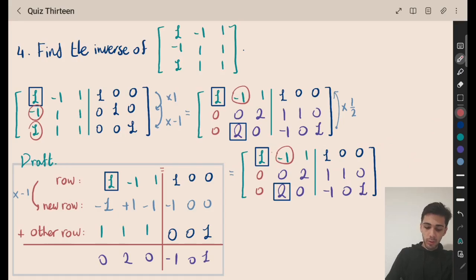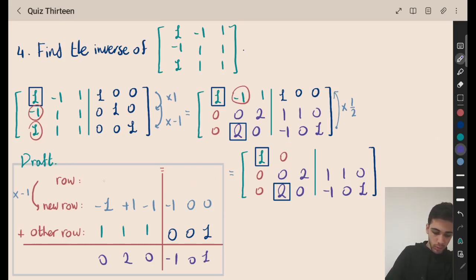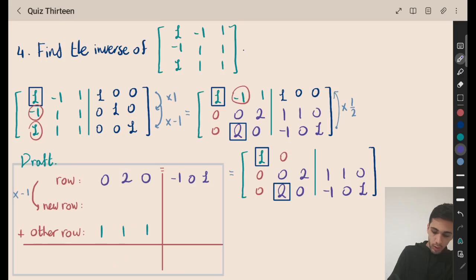As usual, the part on the left does not get affected because you're multiplying things by 0, and multiplying things by 0 just gives you 0. This is the row that will change. And my row is this one. I multiplied by a half.